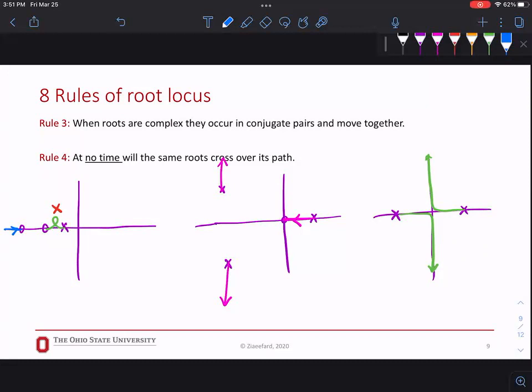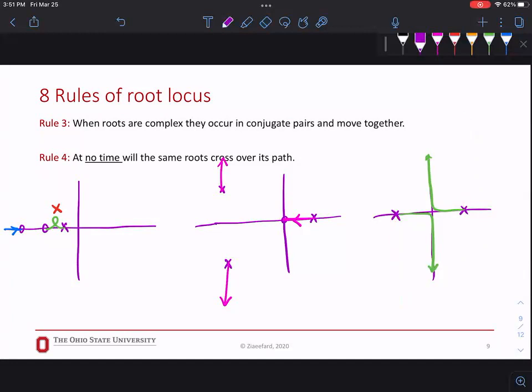From the first 4 rules, all you know is there's going to be 2 loci, and it has to go from the pole to a zero. Now, since you don't have a zero, it is at infinity. So you could actually draw this if you didn't know. You would say, why not that? And I would say, sure, from the first rule, you're good. I'm just showing you what it actually looks like, so it means that there's more to it.